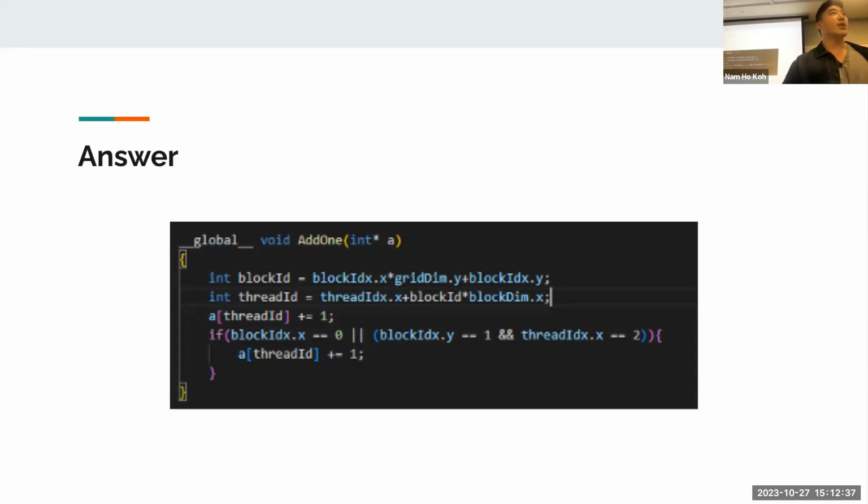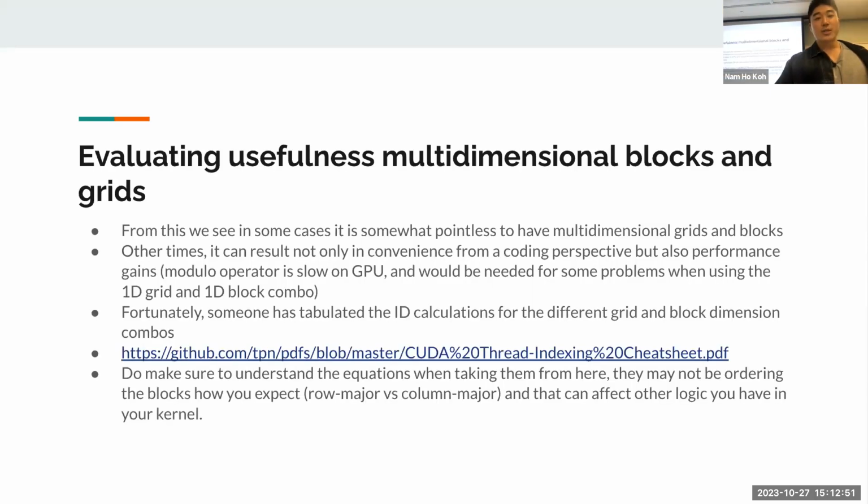If you just have one line, what operator would you use to figure out the first row and the last column? Exactly, you'd use modulus. Now, modulus is notoriously slow on GPU. So that's why a two-dimensional grid gives you the benefit of having a conditional statement to prevent using a modulus operation that slows down your operations greatly.